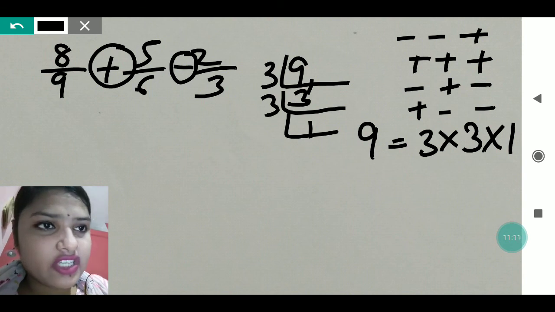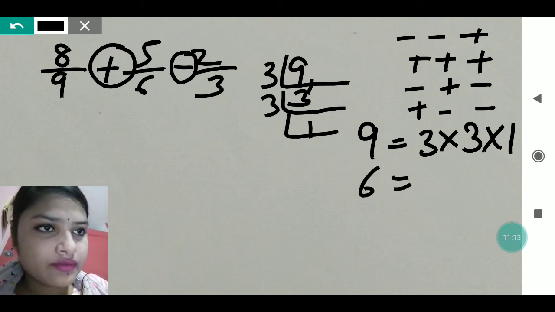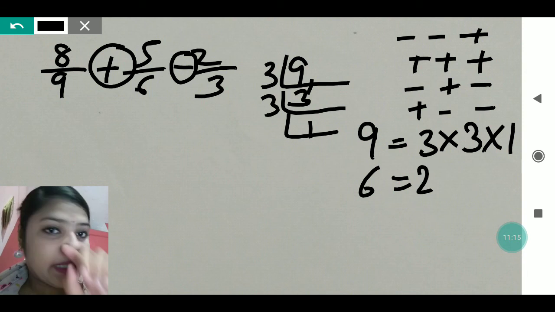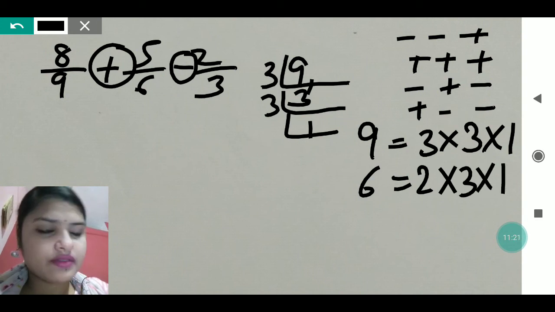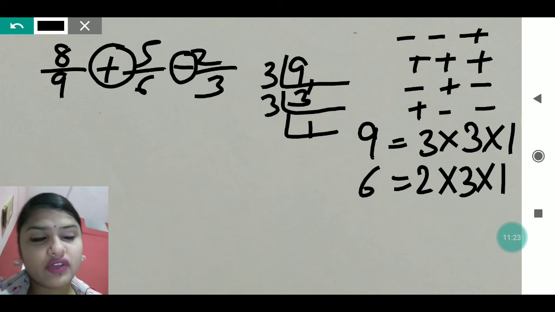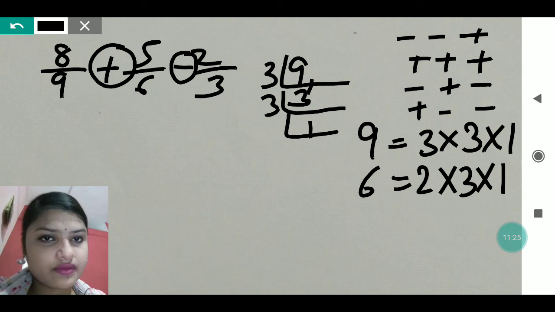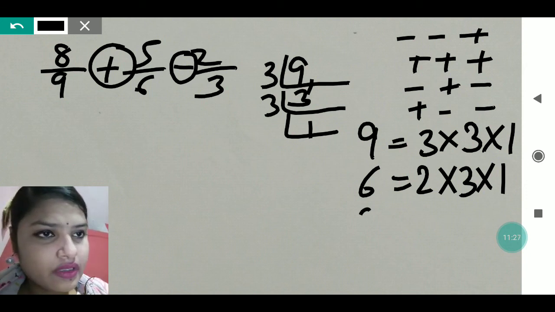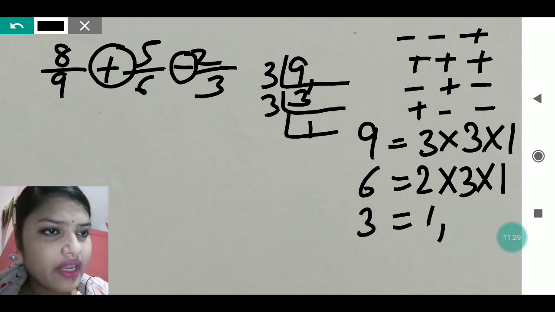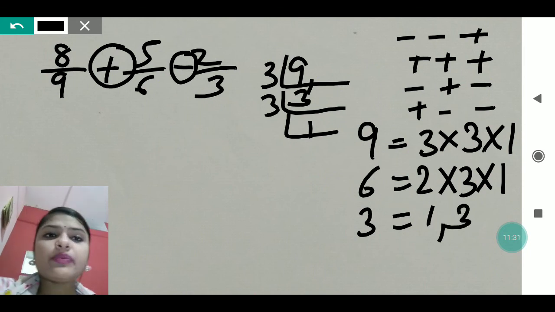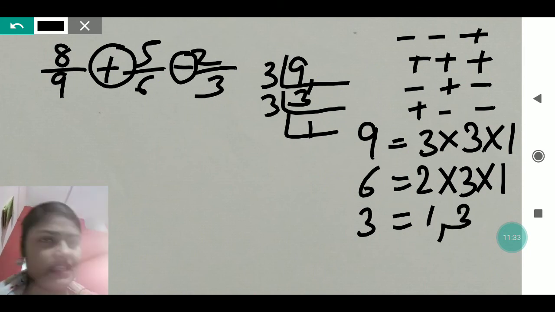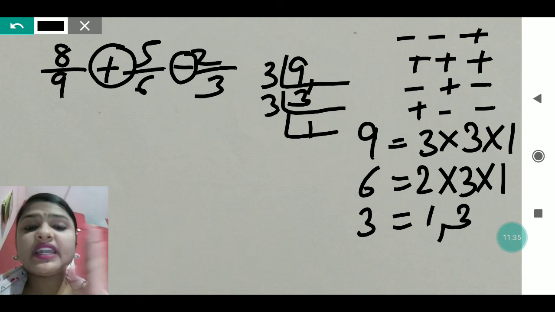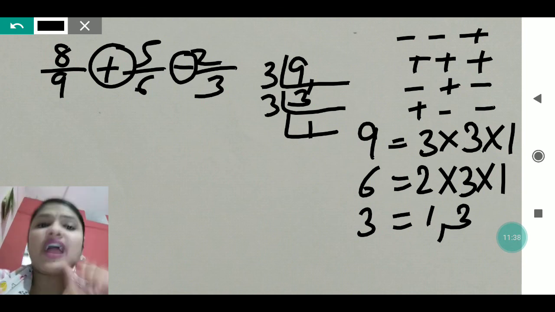Now again the prime factorization of 6. Then 2, isn't it? 3 into 1. This will be the prime factorization of this number. Now these are the prime factorizations of all these numbers. We have separately found the factors of these numbers.